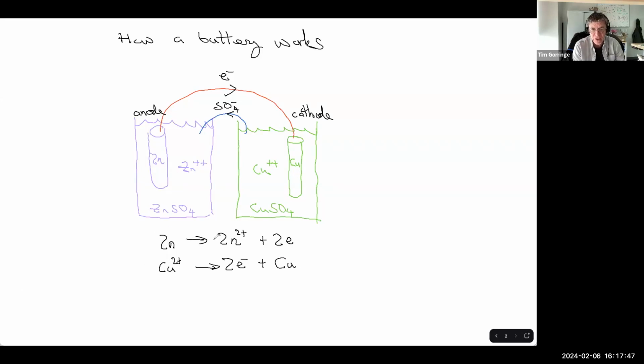The reaction involving the zinc, this upper reaction, is happening at the zinc electrode over here on the left. And the reaction involving the copper, this reaction here, is happening at the copper electrode over here on the right.